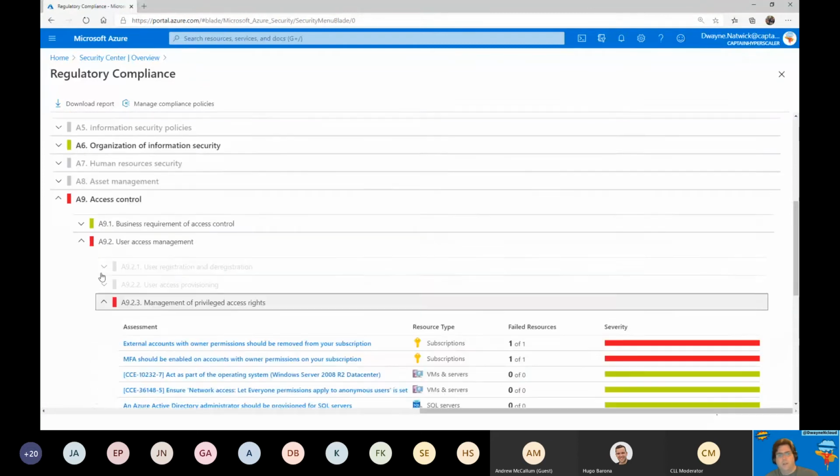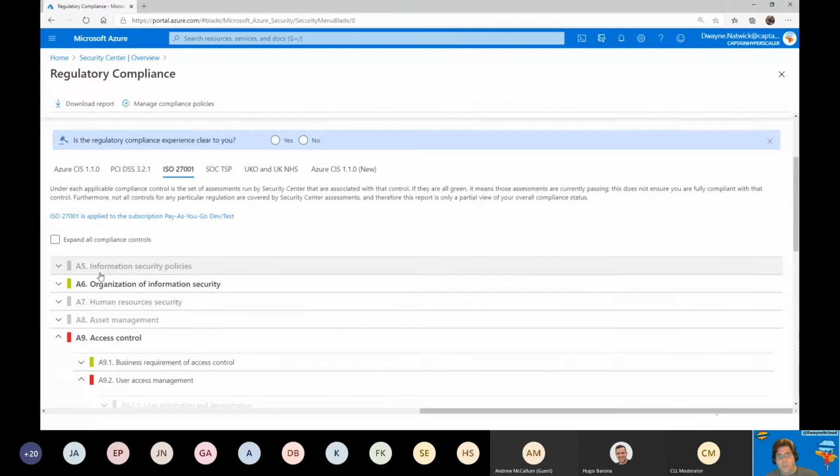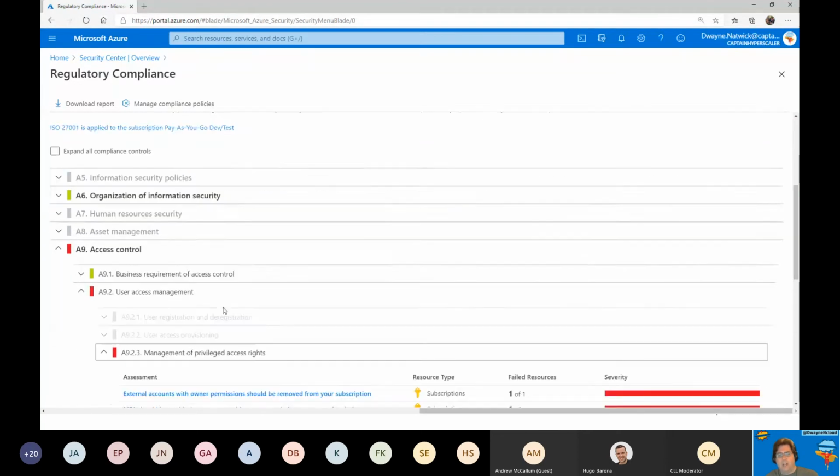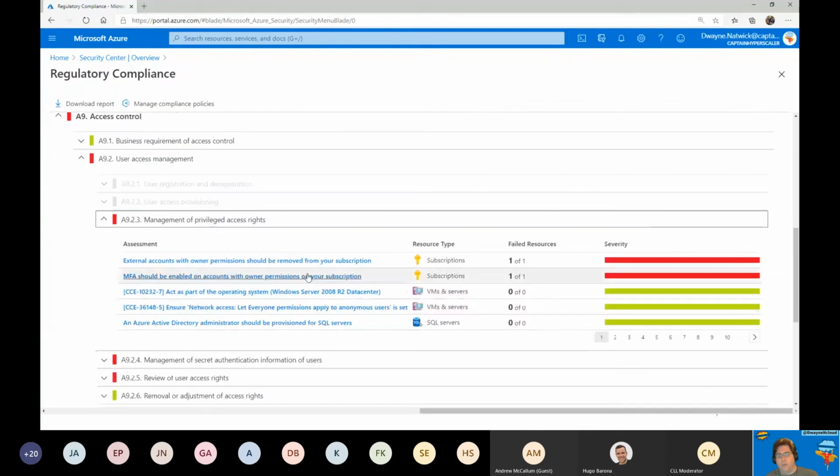So if you're building a security posture, or you've got an audit coming up to maintain your 27001 certification, you can look at this and remediate those situations.